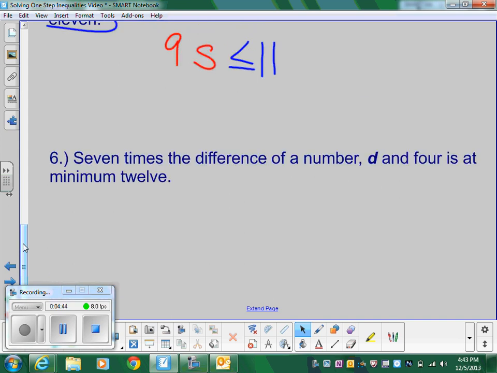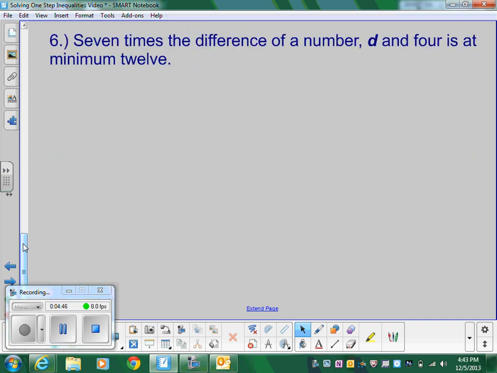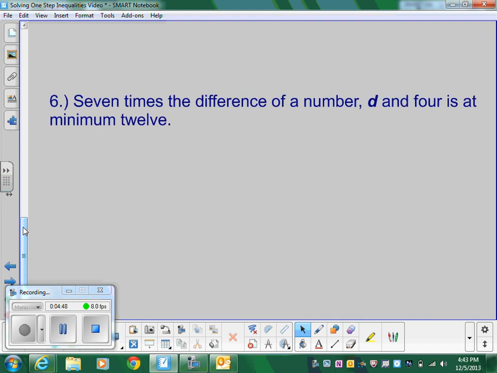Moving on to our final example of this section, we have 6 times the difference of a number, d, and 4 is at minimum 12. Locate your inequality statement. "Is at minimum" is a greater than or equal to, and is greater than or equal to 4. We have two pieces in the rest of our translation here.